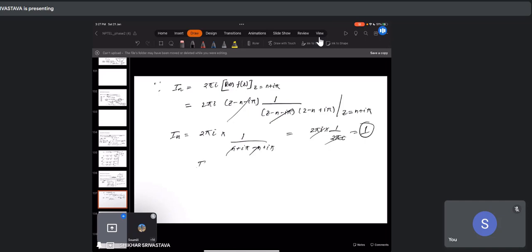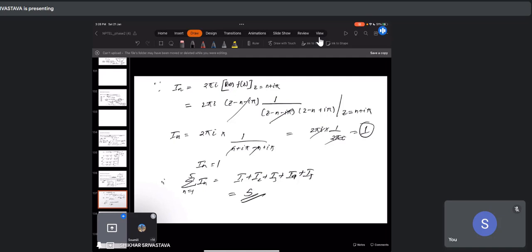So your In is 1. In the question they have asked what is the value of the sum, so you just have to find I1 plus I2 plus I3 plus I4 plus I5, 5 times. So it will be just 5, 1 plus 1 plus 1 plus 1 plus 1.